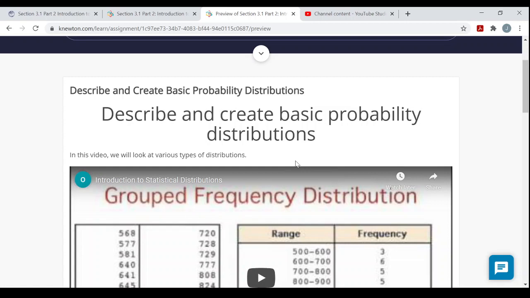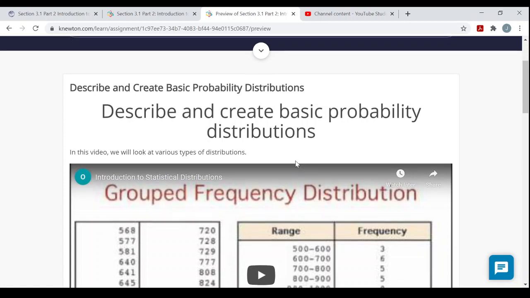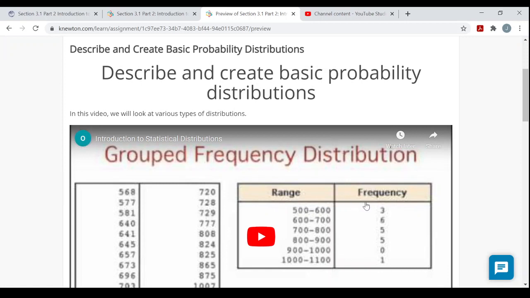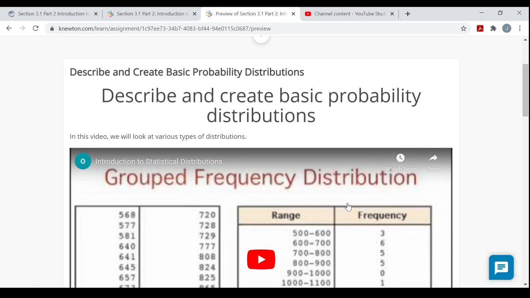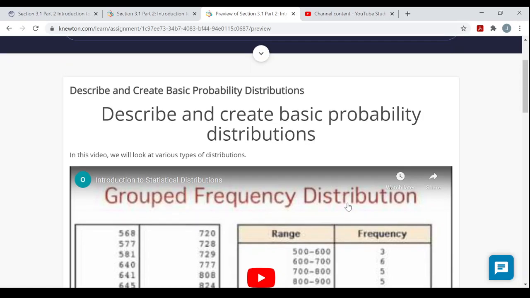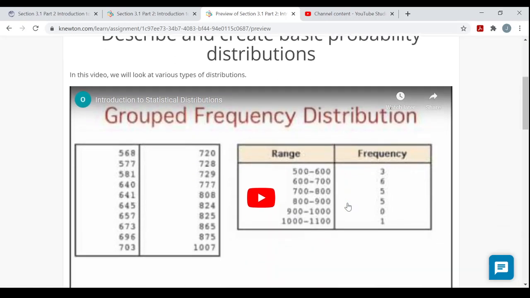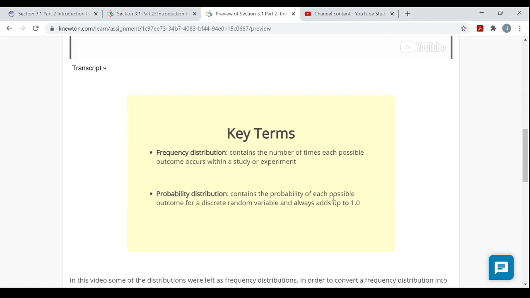Now there is a video. I'm not going to play it here within the video, but you've seen frequency distributions, where you have your classes and then frequencies, in an earlier chapter. In this section, we're also going to be talking about probability distributions, where you'll see a table.